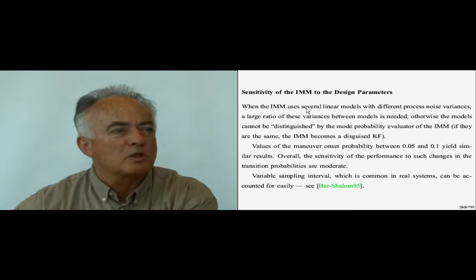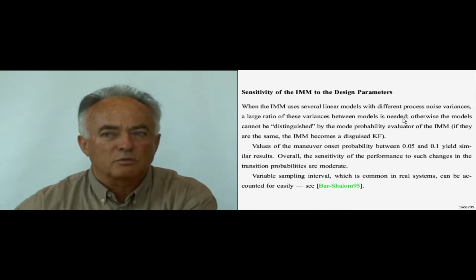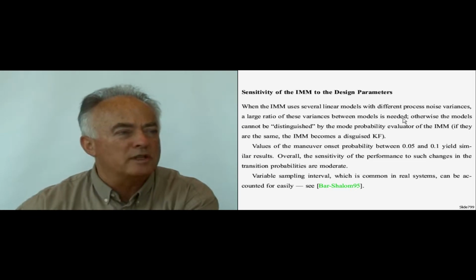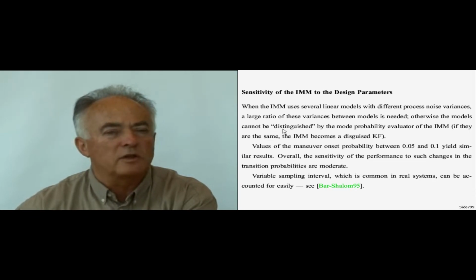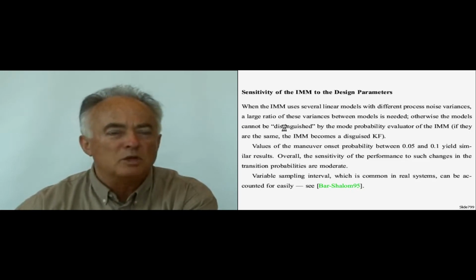When the IMM uses several linear models with different process noise variances, a large ratio of these variances is needed. Namely, the high variance should be quite a bit higher than the low variance. Otherwise, the filter cannot distinguish between the two models. So the models have to be sufficiently separated, and there is no point in using 3 or 4 models, low, medium high, and high, for example.